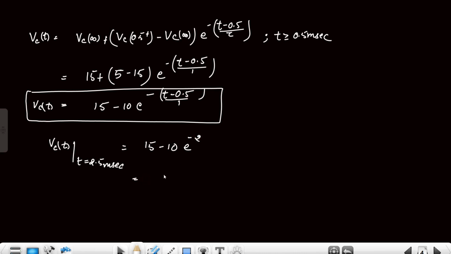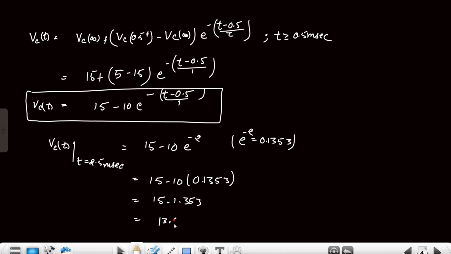And the value of e raised to power minus 2 is basically 0.1353. So 10 multiplied by 0.1353 is 1.353, and 15 minus 1.353 is 13.647 volt. So this is the value of the capacitor voltage at 2.5 millisecond.